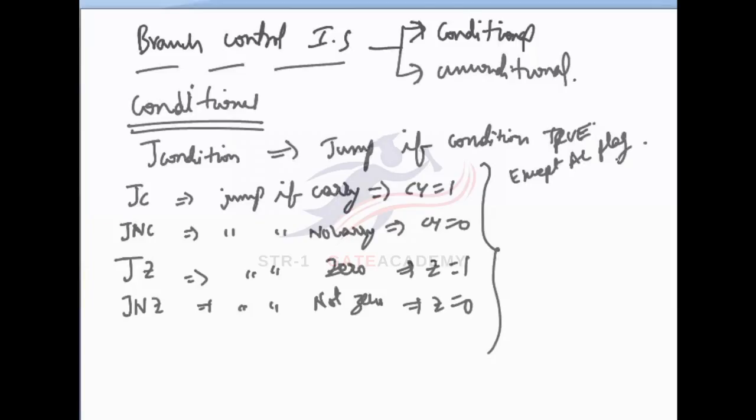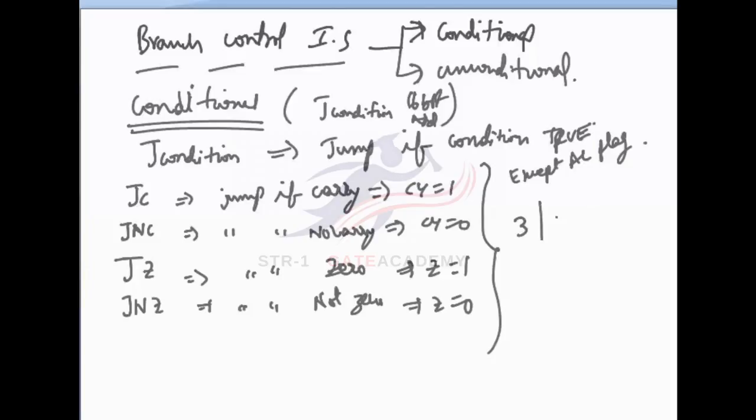So the syntax is J condition, and if the condition is true, it has to jump to some 16-bit address. So it is a 3-byte instruction, because a 16-bit address is there.